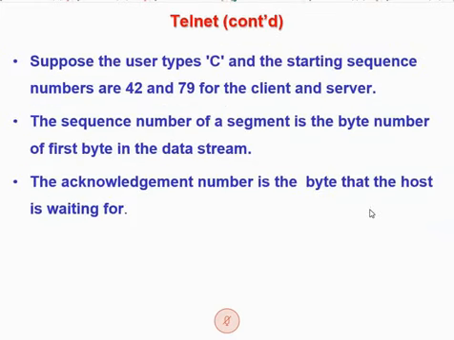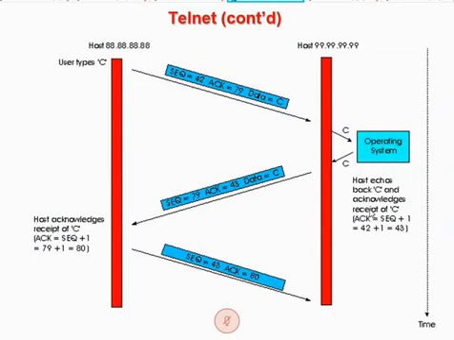For example, you see how telnet works. Host 88.88.88.88 wants to communicate or telnet with host 99.99.99.99. The request goes with sequence number 42, acknowledgement 79, with data called C. Just C is the only data there.